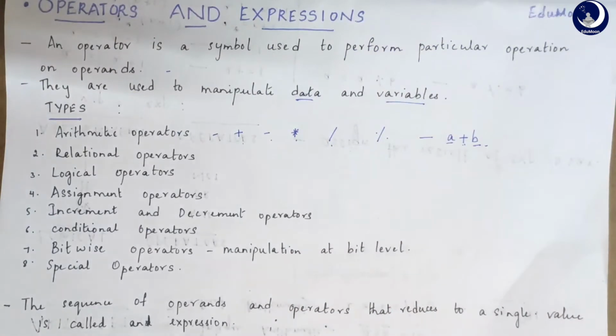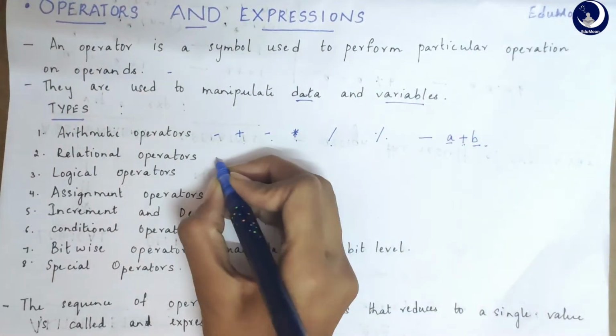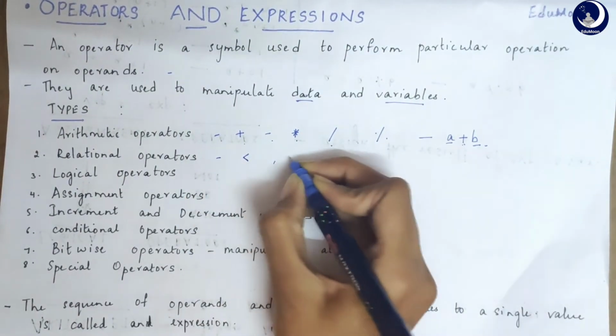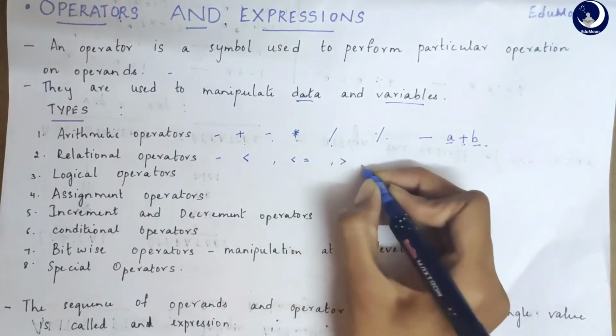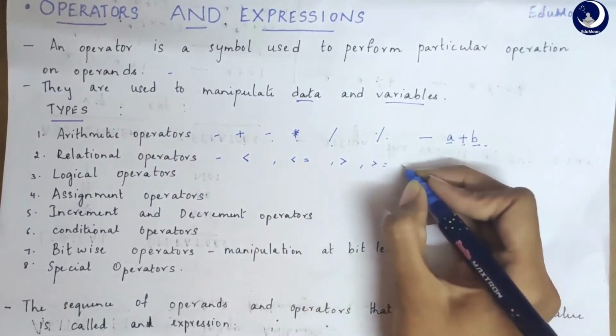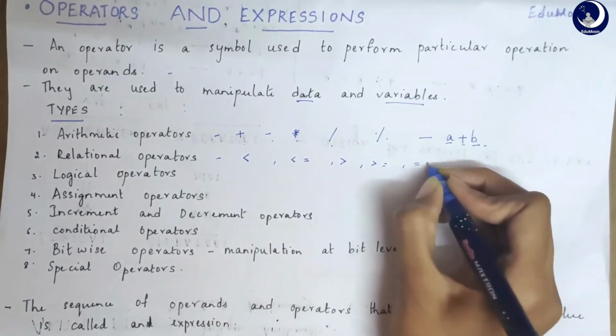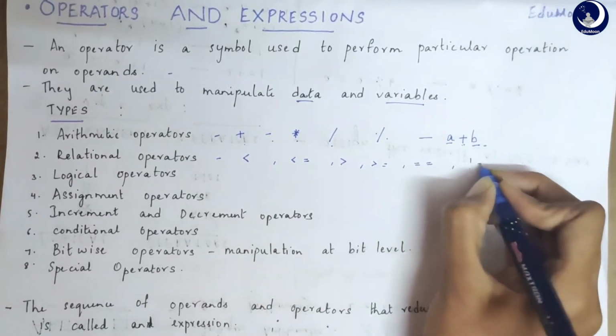The second type of operators is the relational operators. When we have to compare two quantities and take a certain decision, we use the relational operators. The relational operators are less than, greater than, less than or equal to, greater than or equal to, equal to, and not equal to.